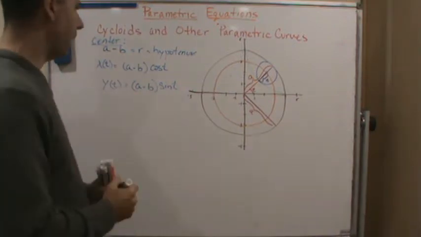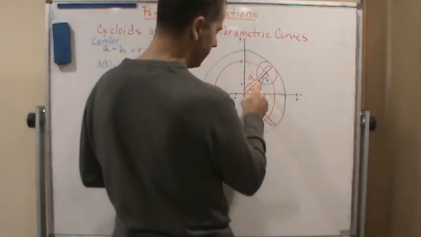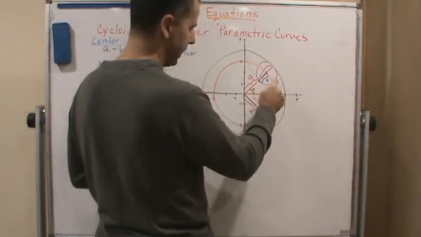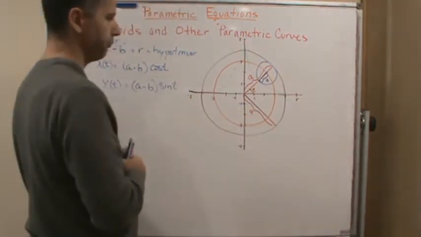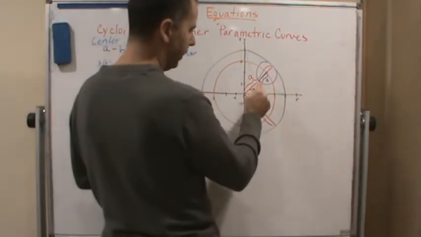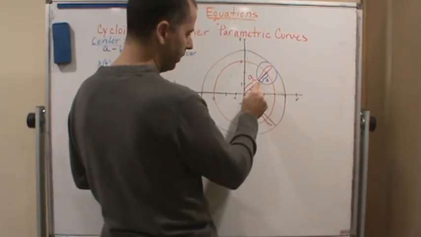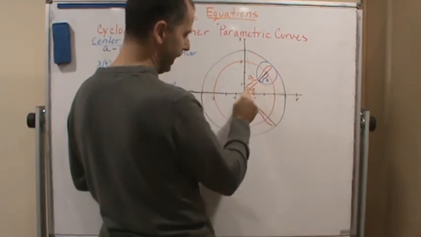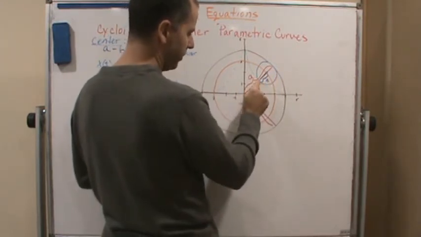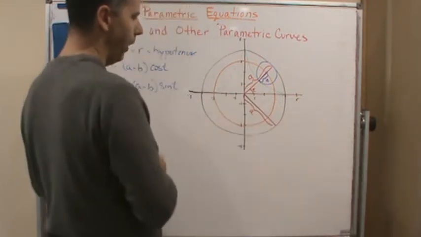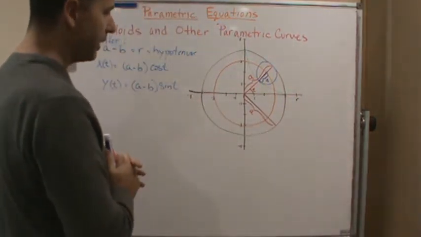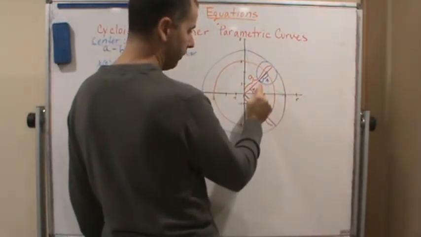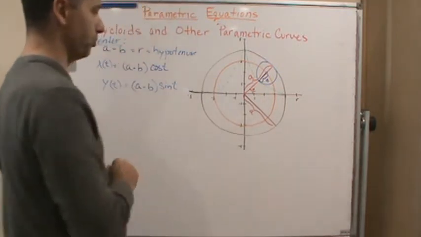Now, what about the point on the edge? As it's rolling around the inside of the circle, it's also moving and rotating around the center. How would we describe the location of this point with respect to the origin? Because it's going in and out. Well, it turns out it's going to be a proportion of t.